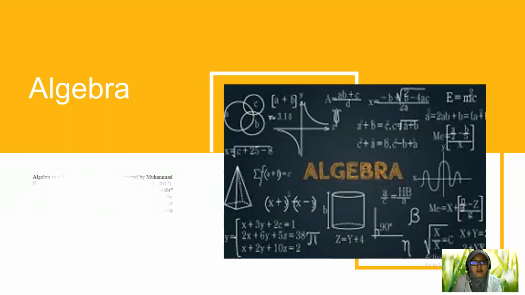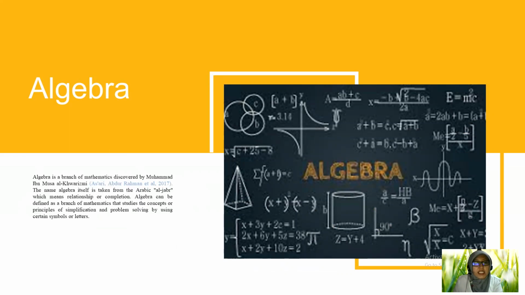Then algebra. Algebra is a branch of mathematics discovered by Muhammad ibn Musa al-Khwarizmi. The name algebra itself is taken from Arabic al-jabr, which means relationship or completion.